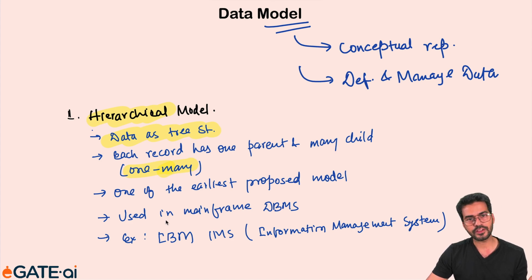This was one of the earliest data models proposed, and it was opted by IBM. One of the database systems, IBM IMS, the Information Management System, was built using this conceptual data model, the hierarchical model.